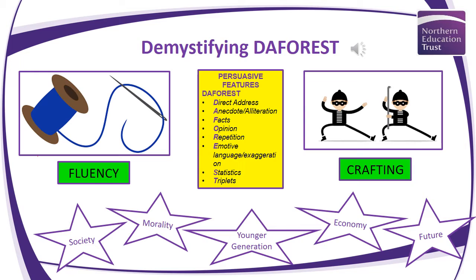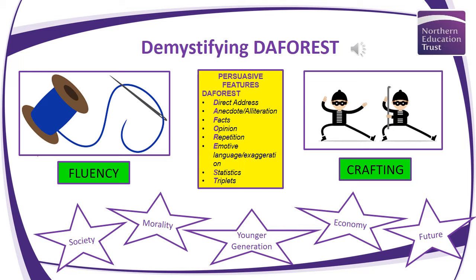The first thing that you need to make sure that your pupils are able to do is to create a voice and come up with an idea, and then think about, well, how is that idea going to develop? How does that idea link to society? How does it link to the economy? How does it link to the younger generation or the future? And then DAFOREST is actually a tool set, a toolbox to make those ideas more engaging.